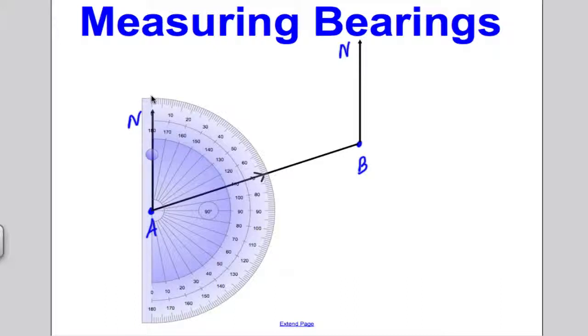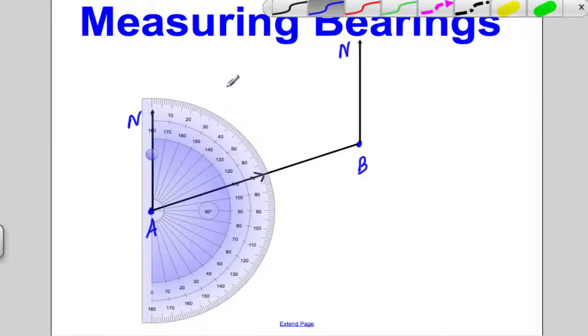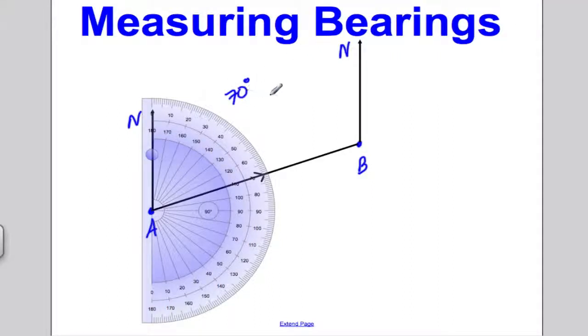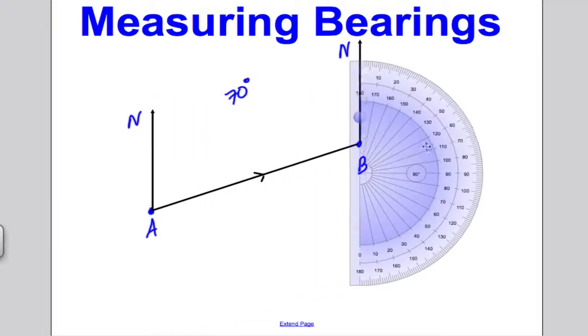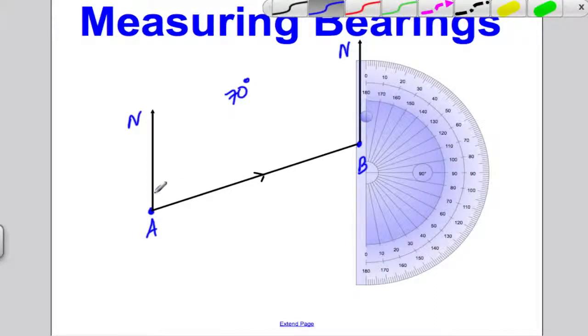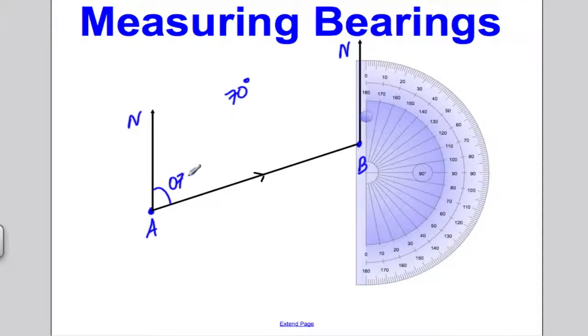You're measuring from the north, and that bearing looks like it's about 70. Okay, so it looks about 70 degrees. But you wouldn't write that as a bearing of 70, you'd write 070. And that's the bearing of B from A.